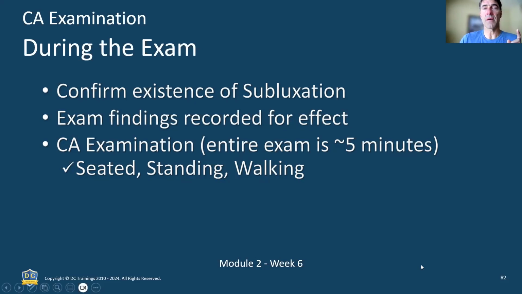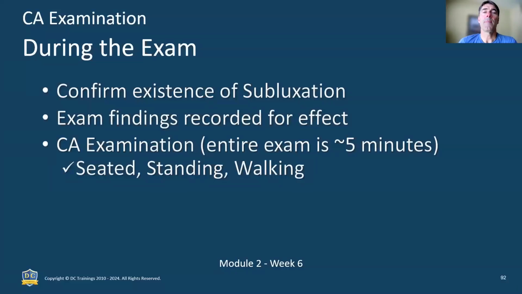Now, I do want to emphasize something, and that is that a CA cannot interpret the results of the tests. Now, what do I mean by that? This is maybe more specifically for California, but in California, a CA can do these tests as long as they're not interpreting the results of the tests. So a test can be positive, it can be negative, it can have a certain degree of motion or a certain restriction of normal motion. Those are all tests that a CA can do.